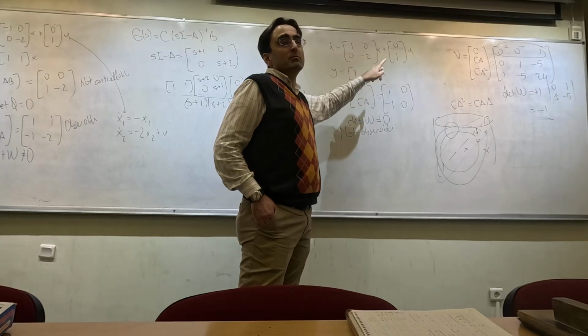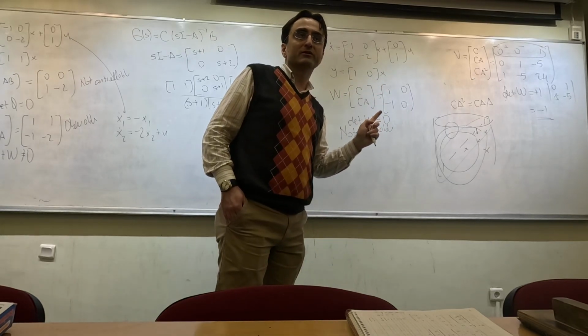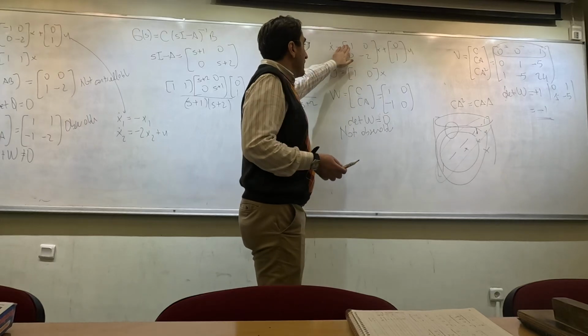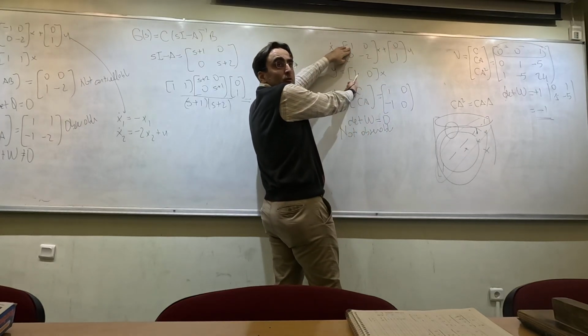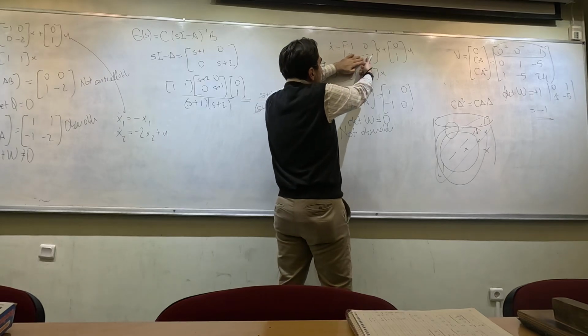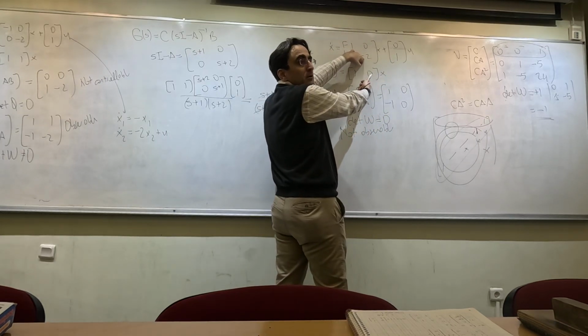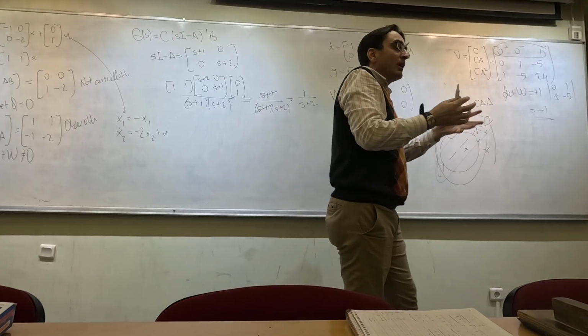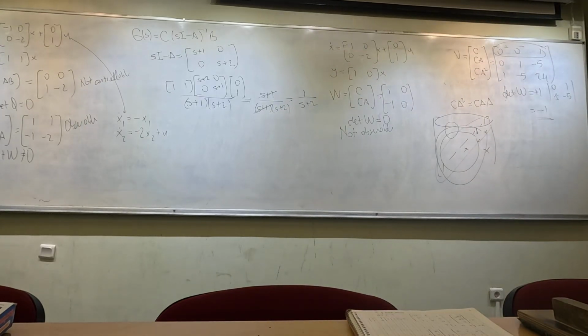The part related to minus 2 is not connected to the output. That is the unobservable part of the system. So I see that minus 1 is not controllable, but it is observable. But minus 2 is controllable, but not observable. So all parts of the system have some problem related to input and the output. One part is not connected to the input. The second part is not connected to the output.